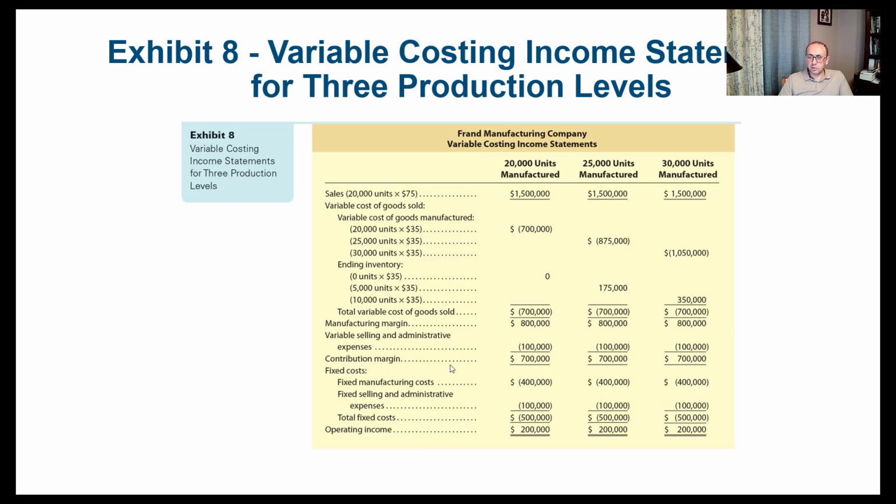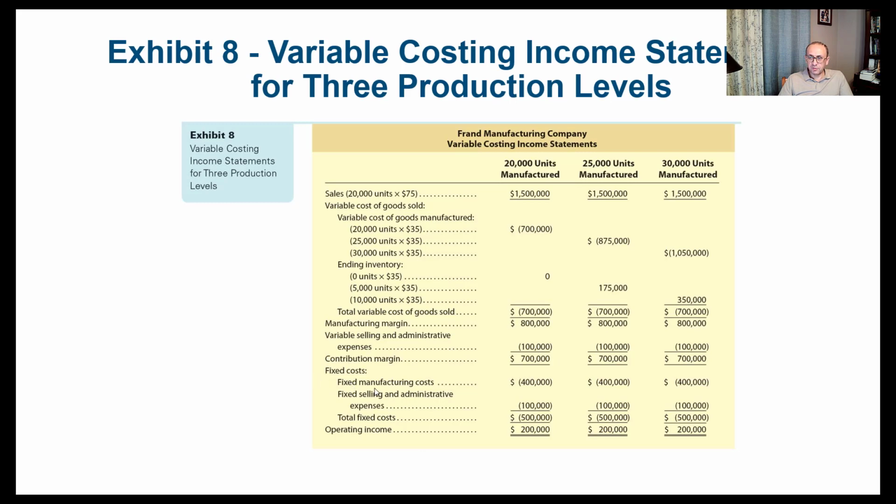The second step is to calculate the contribution margin, which is calculated by subtracting only the variable selling and administrative expenses, which is only 100,000 in each case. Then, after we calculate the contribution margin, come the fixed costs.